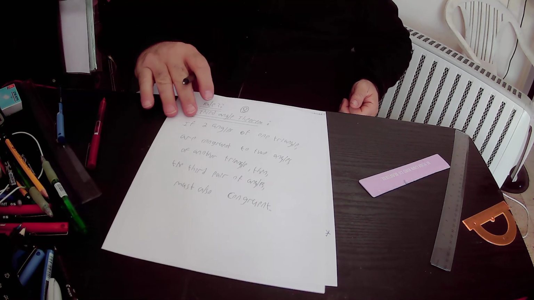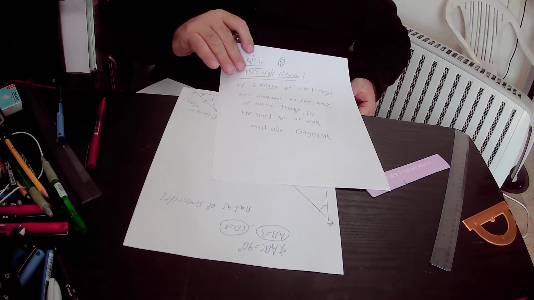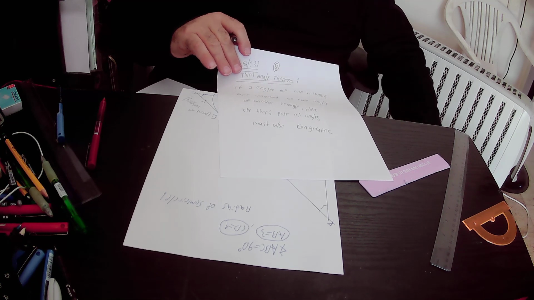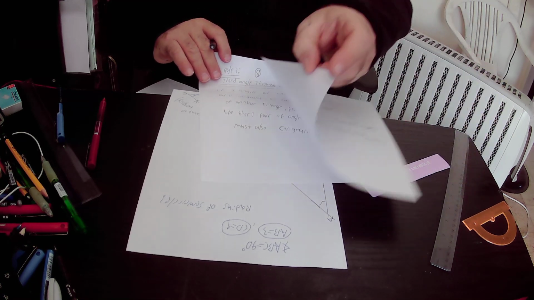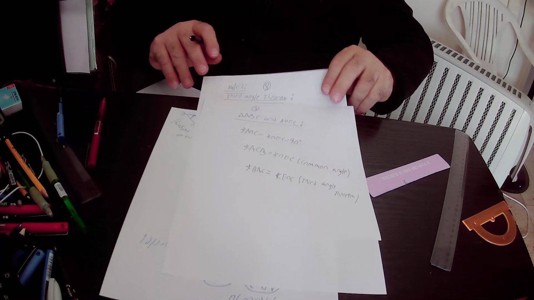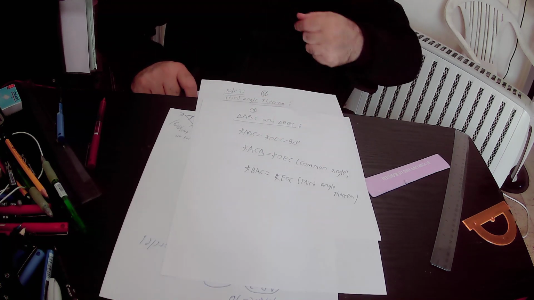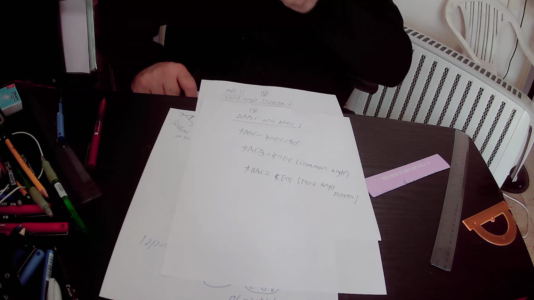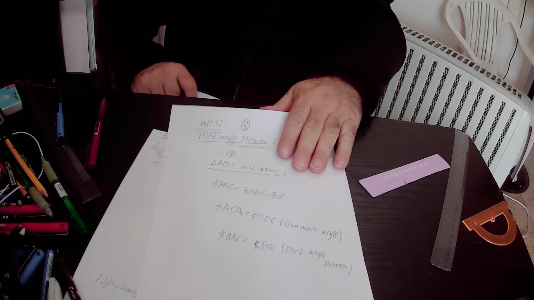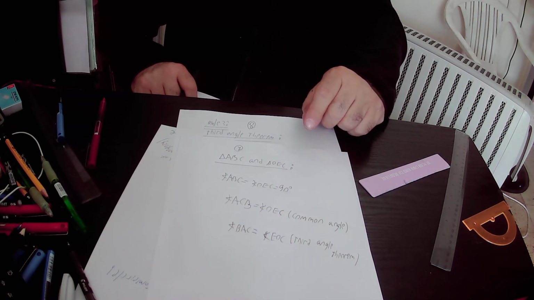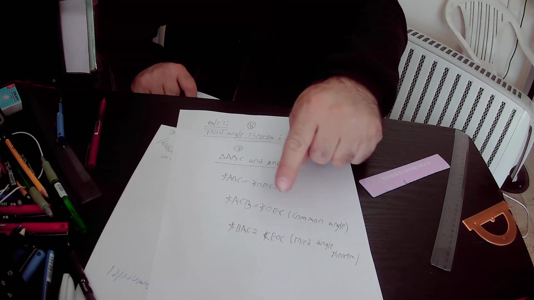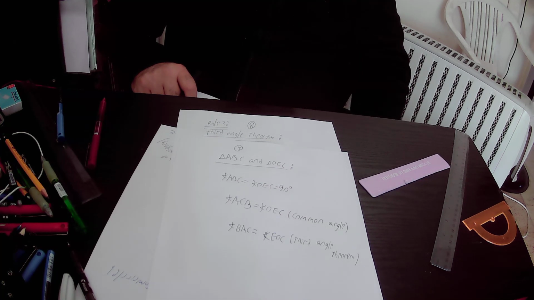Okay, so therefore we actually proved that the three angles 1, 2, 3 in triangle ABC are equal to the three angles 1, 2, 3 of the small right triangle OEC.